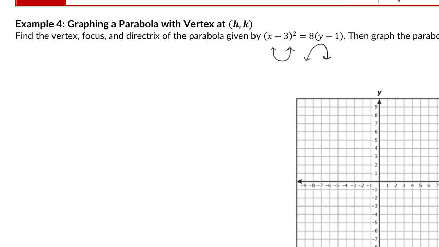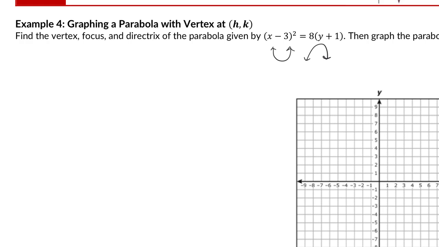If the y is squared, that's when it's side to side. Okay, so we know we're going to be using the formulas for focus and directrix that have an up or down axis of symmetry.